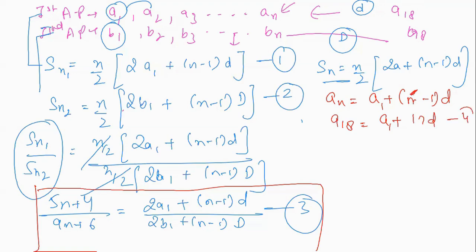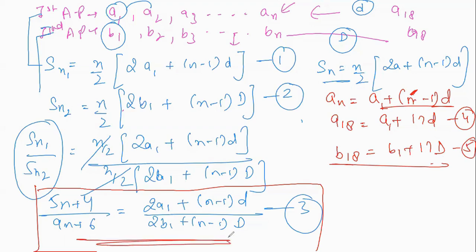This is the fourth equation. And for the second AP, the 18th term B18 is equal to B1 plus 17D, the same formula, and because I have taken the common difference for the second AP as capital D, it will be capital D.